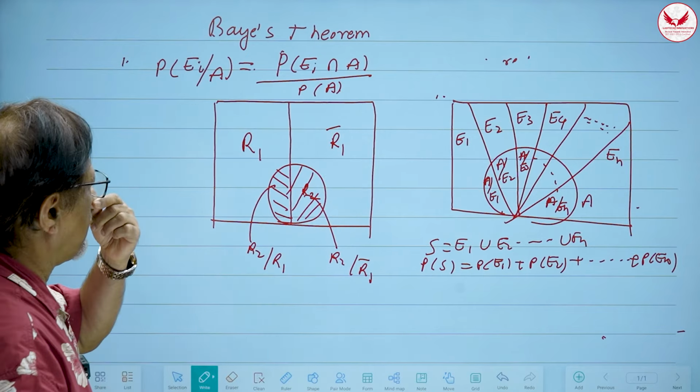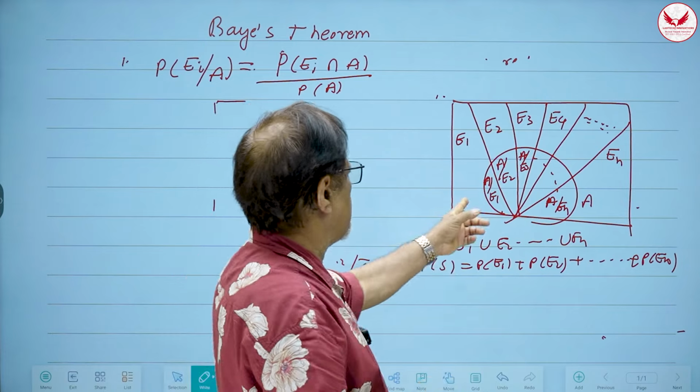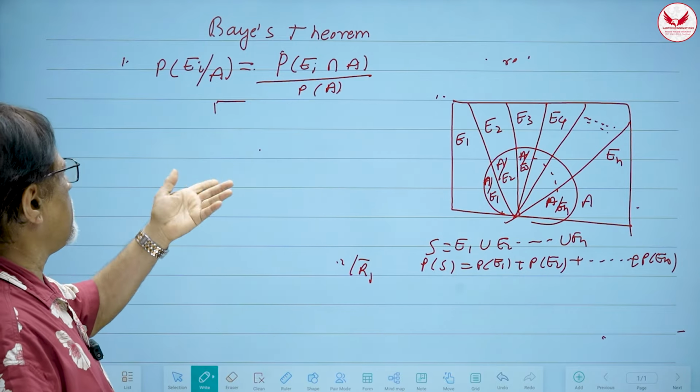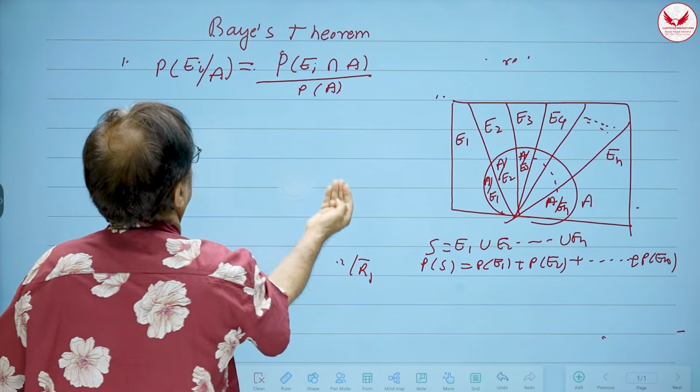Fine. Okay. So now I have just picked up one of these several events, an Ei. Ei may be E1, E2, E3, and E4, right? The mechanism will be the same for all of them, right?